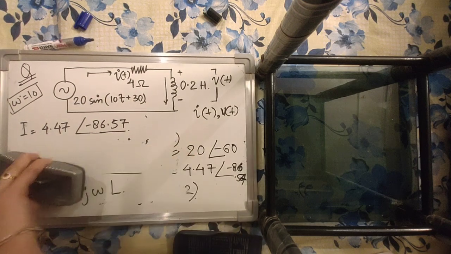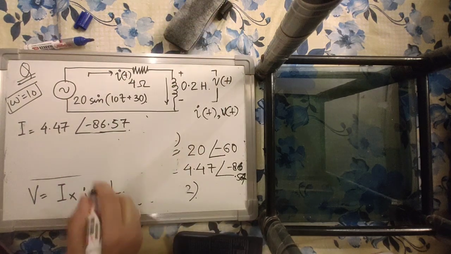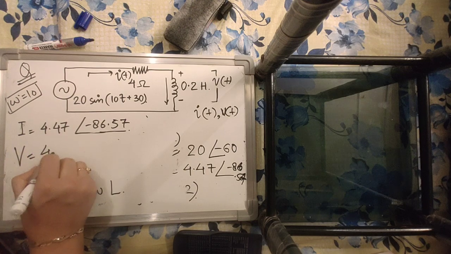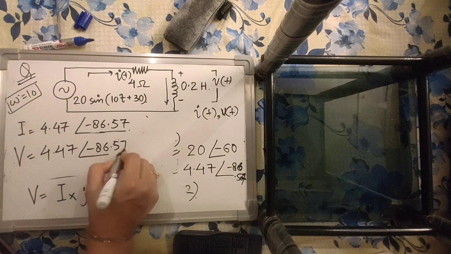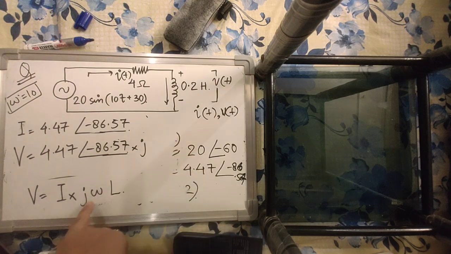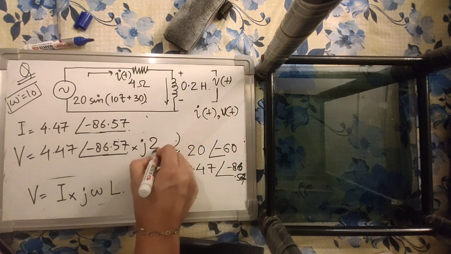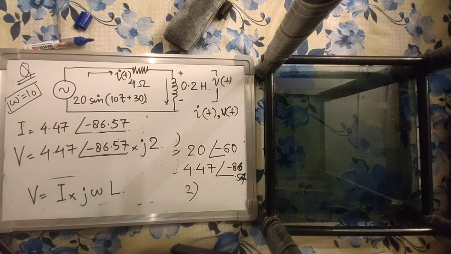My I phasor is 4.47 at an angle of minus 86.57. So my V phasor will be equal to 4.47 at an angle of minus 86.57 into j omega L. Omega is 10, L is 0.2, 10 into 0.2 is 2, so into 2j. Or you can also call 2j as 2 at an angle of 90, because j is nothing but 1 at an angle of 90 degree.